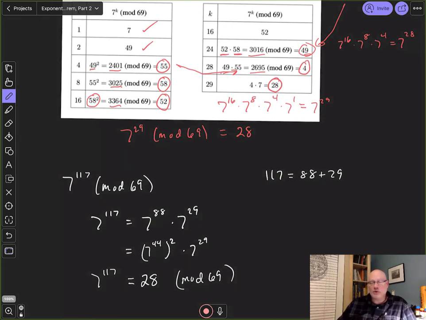If I put a piece of paper in front of you and said calculate 7 to the 117th, and we hadn't talked about any of this, that's going to take a long time. But if I'm talking about mod 69, I can do this very quickly. I don't need to multiply out and find what 7 to the 117th is, because it doesn't matter. I just want to know that remainder.